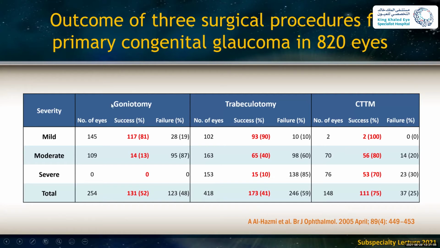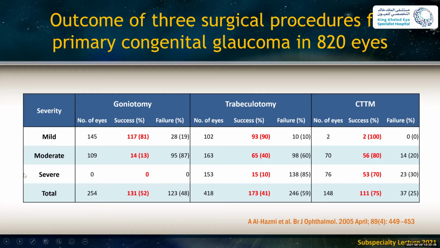Retrospectively, with the limitations of retrospective studies, they classified the cases into mild, moderate, and severe based on the size of the cornea, the level of the pressure, and the degree of corneal haze. They found that in mild cases, whether goniotomy or trabeculotomy, the success rate was almost similar.